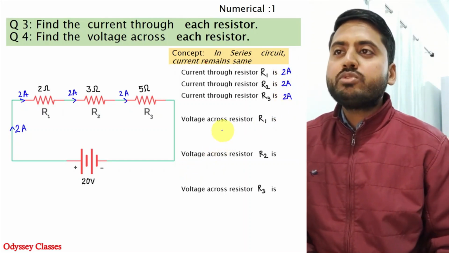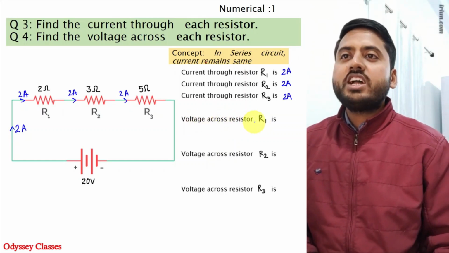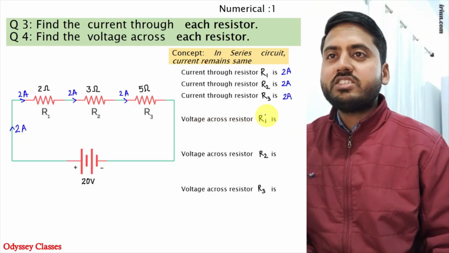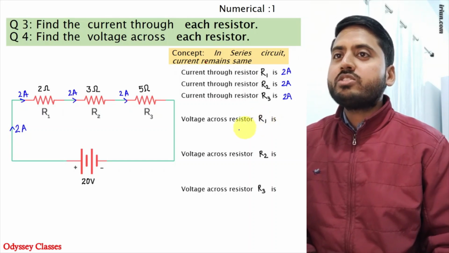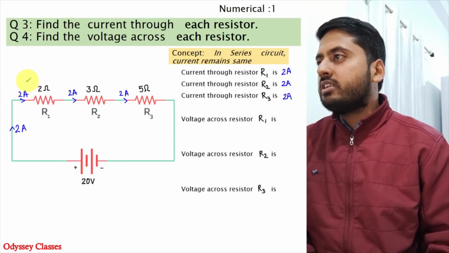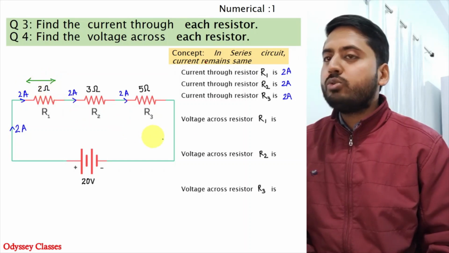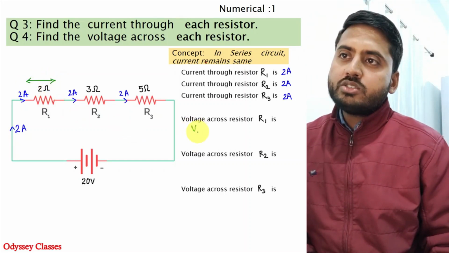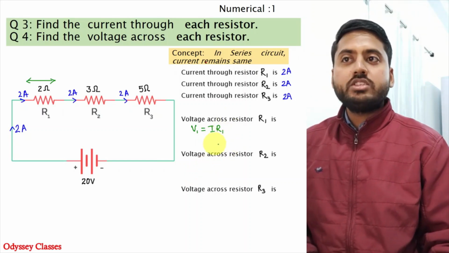Now we need to solve voltage across each resistor. So what is the voltage across R1? For that also we can use Ohm's law, that is V is equal to I into R, but we will write V1 and R1 because we are talking about resistor 1.